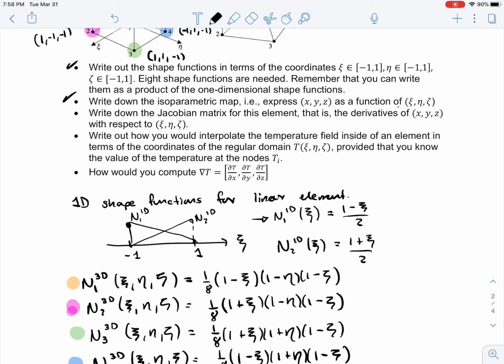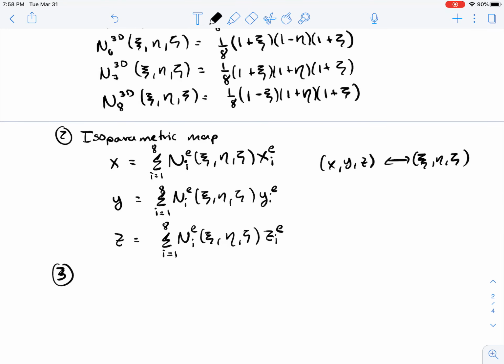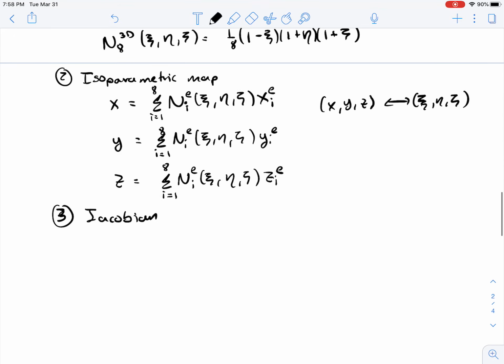Write down the Jacobian, that is the derivatives of xyz with respect to psi, eta, zeta. This is also similar to what we did in 2D. So this is basically the partial of all the x coordinates with respect to all the parent coordinates. So it is some matrix. In 1D this just has one element, right? Because you only have x with respect to xi.